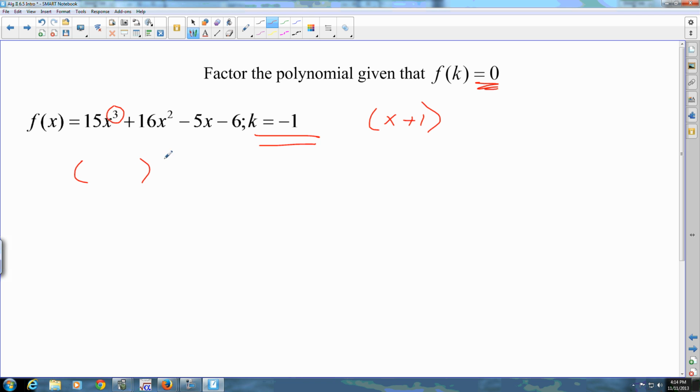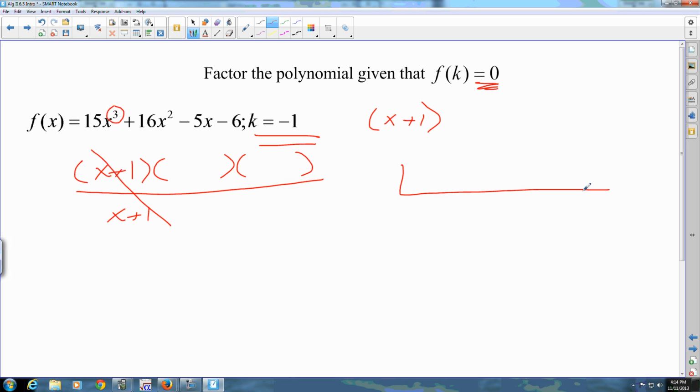To make this idea work, you have to believe that because it's degree 3, it'll break into 3 pieces. And because they're telling you one of the zeros, they're telling you one of the factors. And if I divide that out, do you see how I'd have 2 left? And you guys know how to factor stuff when there's 2 left. So this is what you do. Divide the sucker out.